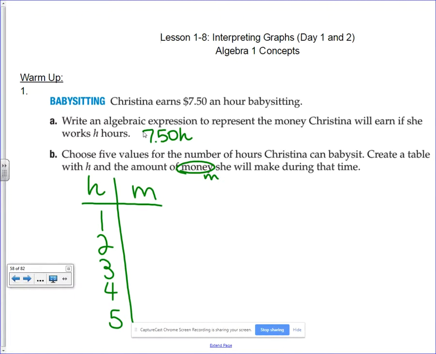Okay, so go ahead and calculate. For 1 hour, 2 hours, 3 hours, 4 hours, and 5 hours. Go ahead. You should be filling in your own table.